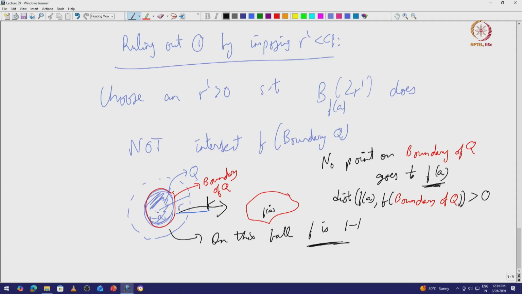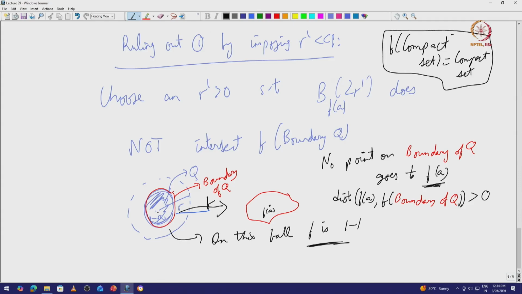Notice, okay, here is one more little thing that I assume here. F of a compact set is compact. A continuous function takes a compact set to a compact set. You can try to prove this by using the definition depending on how you define compactness.